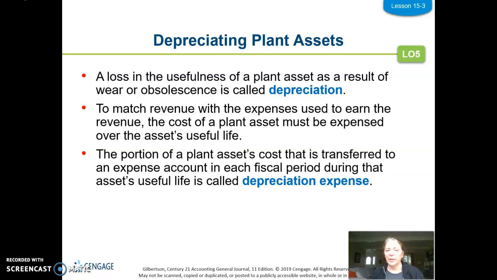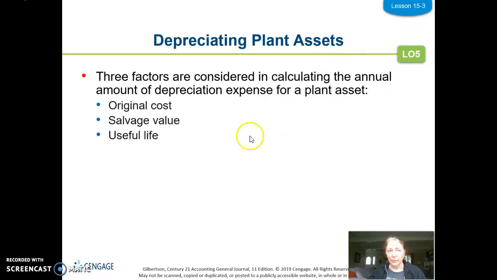And that portion that is transferred to expense from that asset each fiscal period is something we call depreciation expense. So there are three factors that are really considered very important in calculating the annual amount of depreciation expense.